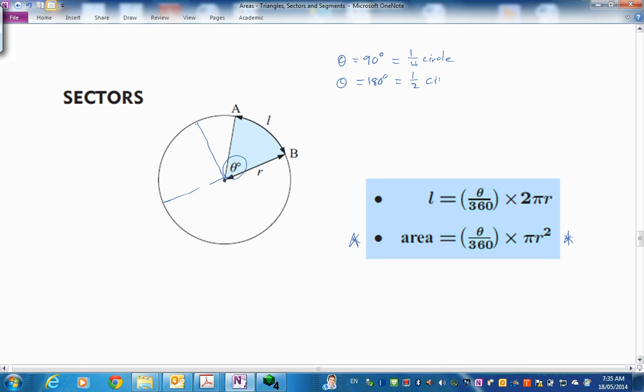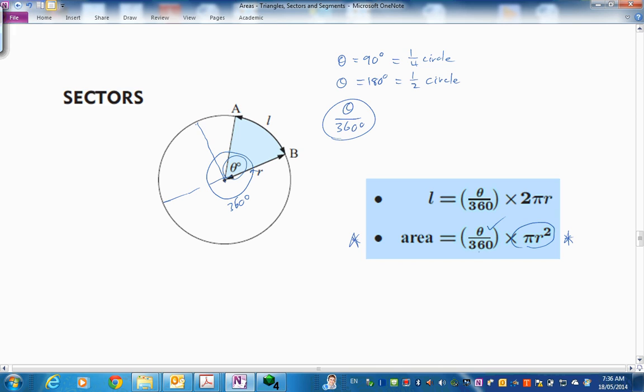But how are we working it out? We're working it out by taking a fraction of 360, aren't we? So if the whole circle's got a revolution of 360, the fraction you've got is theta over 360. So that's a fraction of the area of the circle you've got. So it's a fairly straightforward formula.